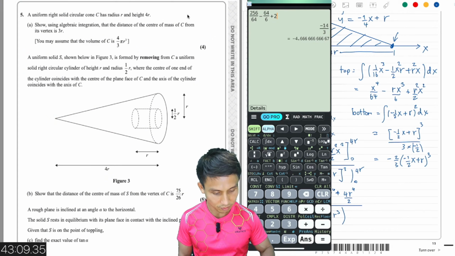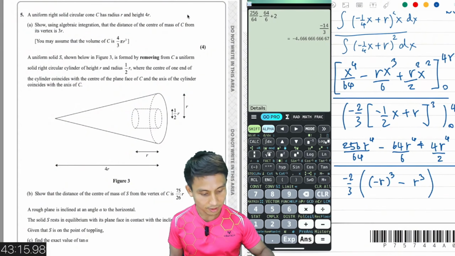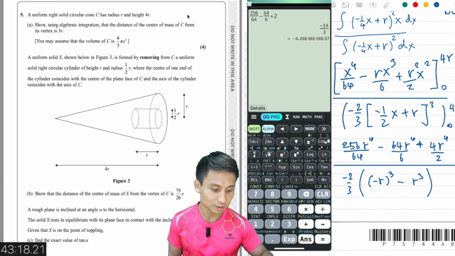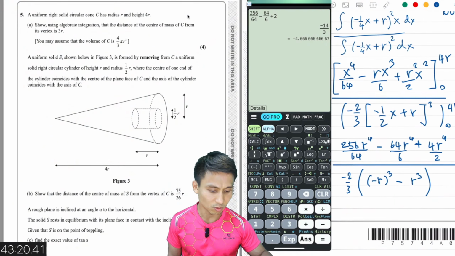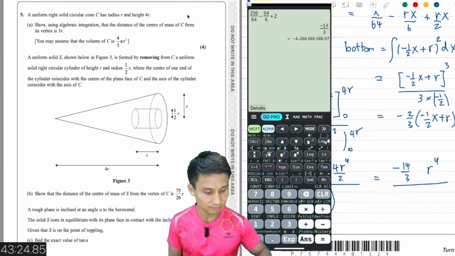Okay, just gonna write minus 14 over 3 r to the 4, and then the bottom bit is just minus 1 is minus 2, so 4 over 3, right? 4 over 3. I get a negative number here.